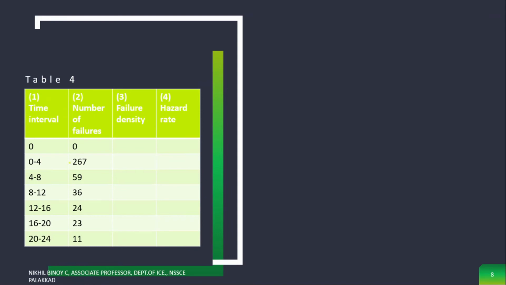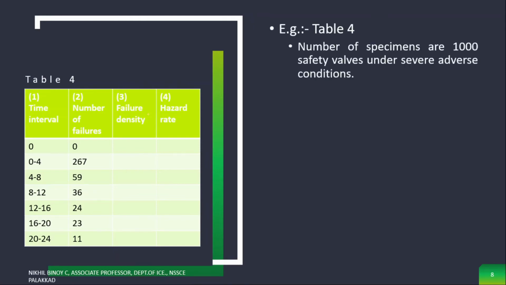We are showing a part, to explain that Δt is not equal to 1. We are showing a part of the failure test. Actually the initial population, or number of specimens, is 1000. We are considering 1000 safety valves, and table 4 shows a part of the failure data of those 1000 safety valves.